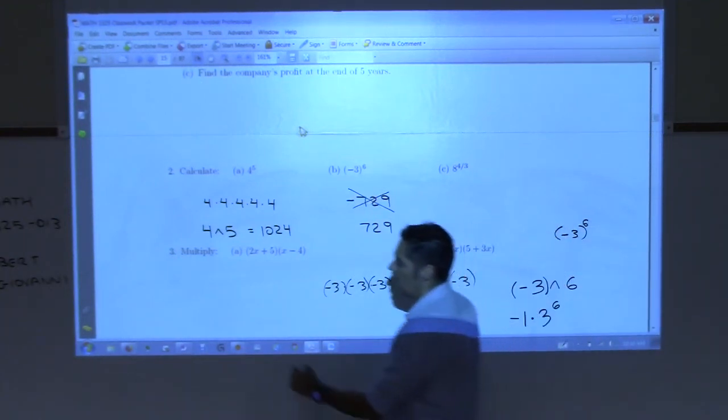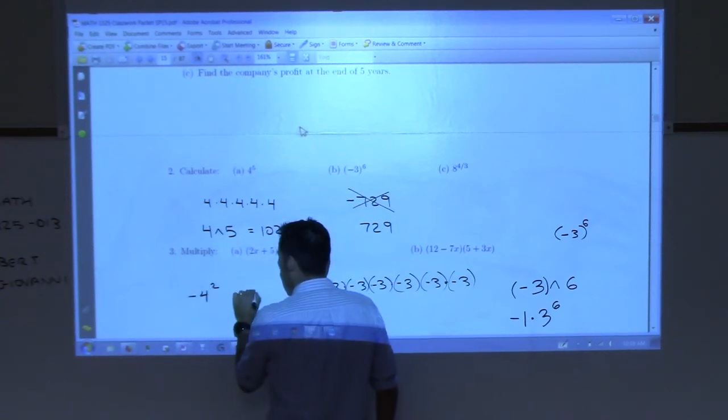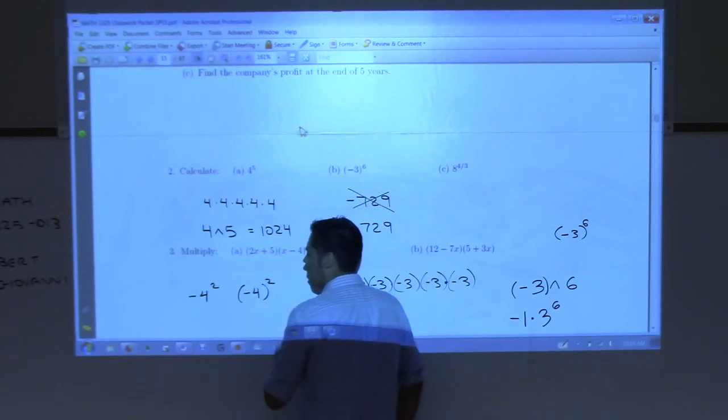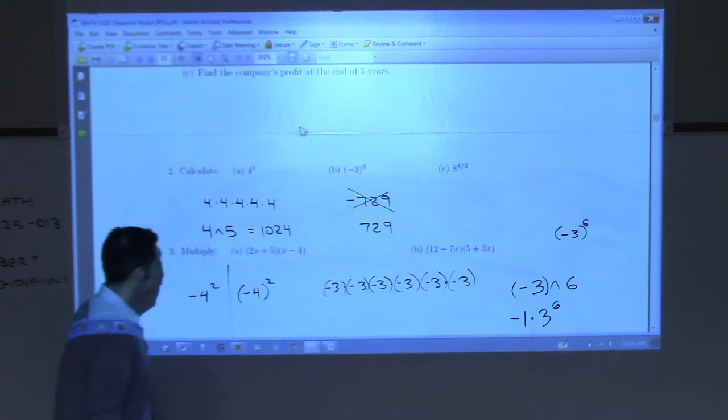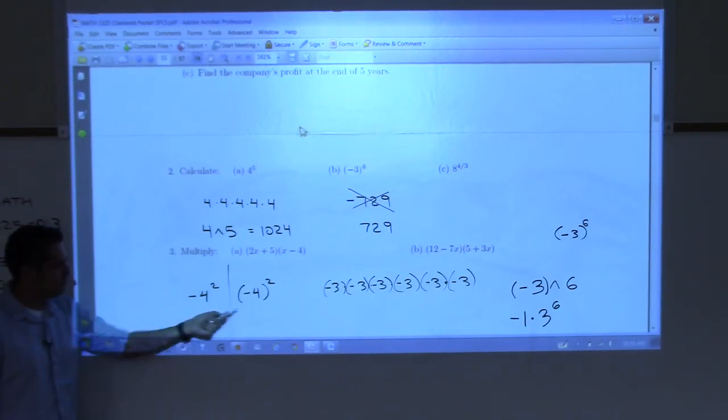That brings me back to a classic question I ask all my students. What's the difference between these two? What's the answer to this? 16? What's this? That's 16.